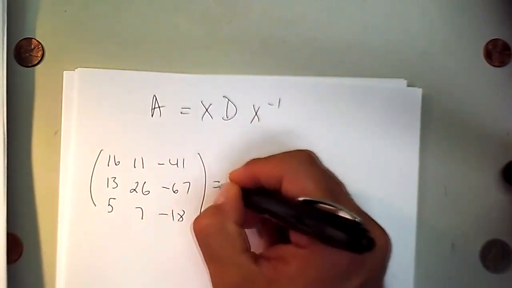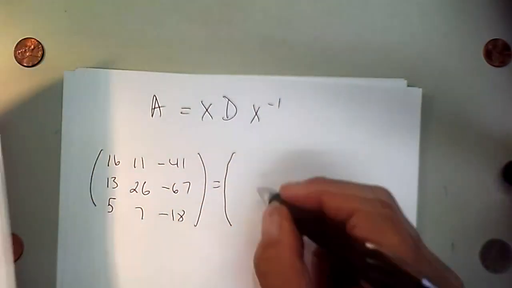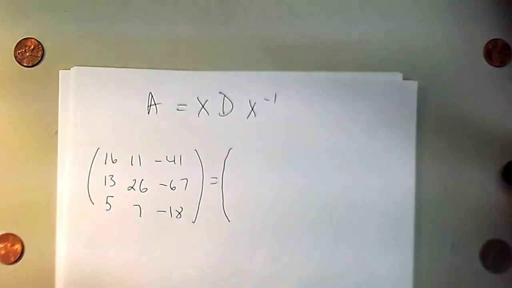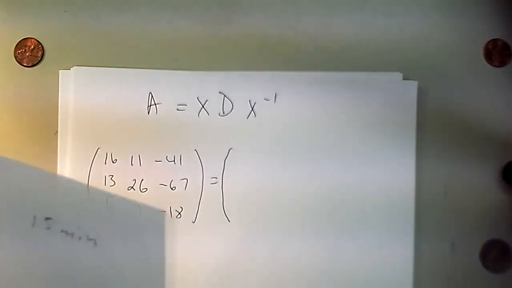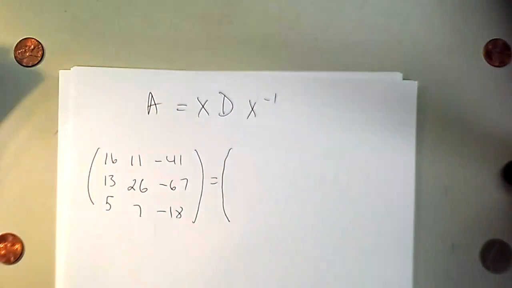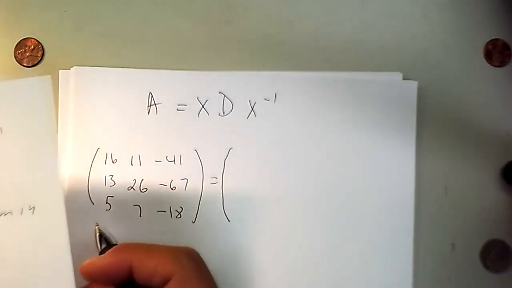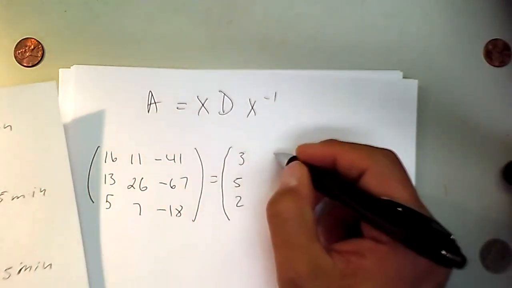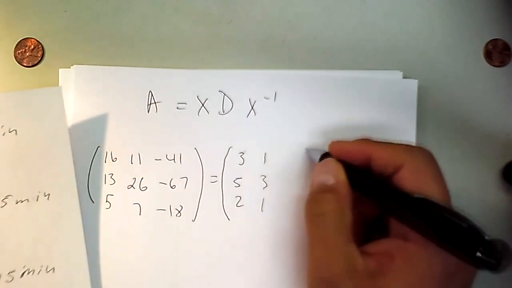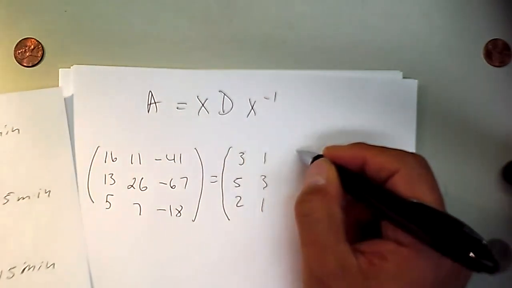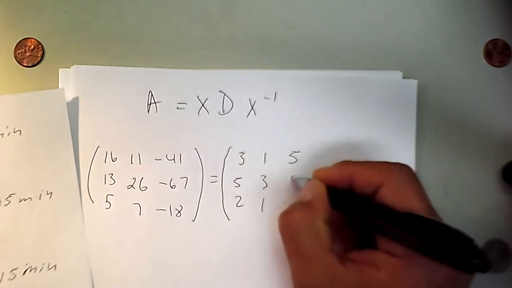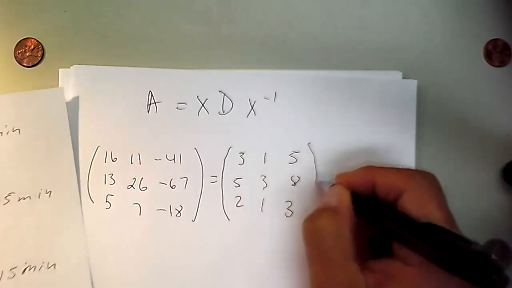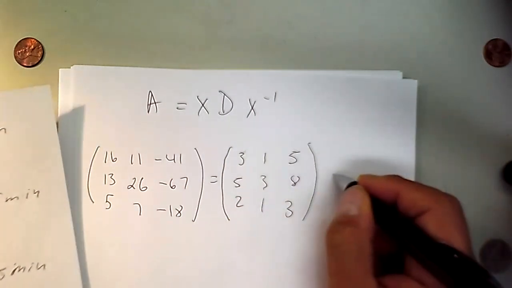That is equal to the matrix with the columns being the eigenvectors. The eigenvectors are 3, 5, 2, then 1, 3, 1, then 5, 8, 3. And then we're going to multiply.